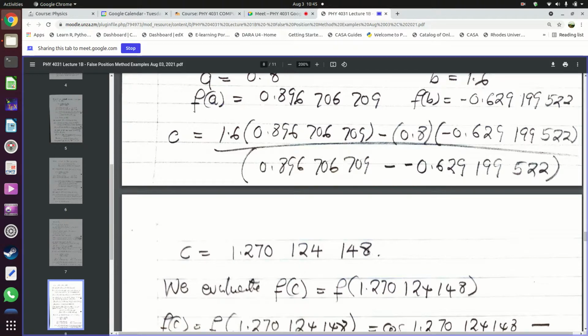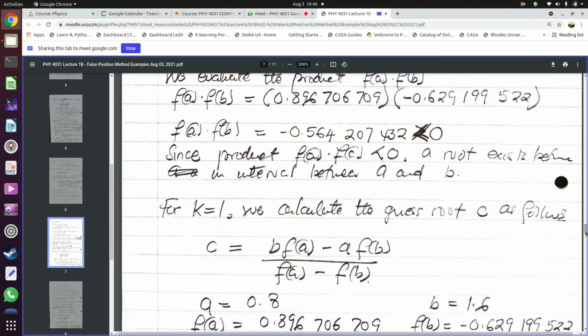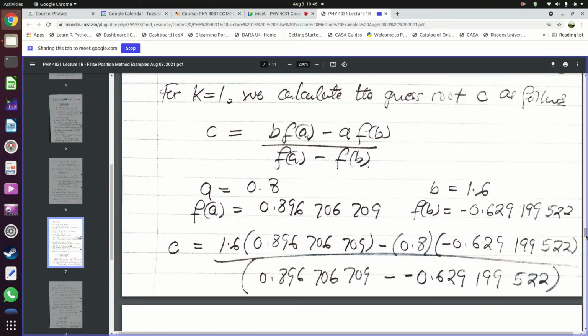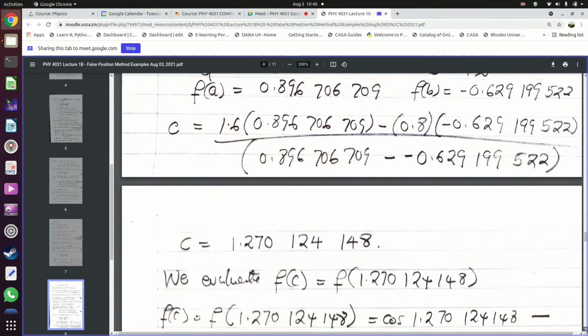So what is the value of the function at c? Remember, at a our function is positive. At b our function is negative. So depending on what we find at c, whether it is positive or negative, it's going to dictate what you're going to be doing the rest of the time.